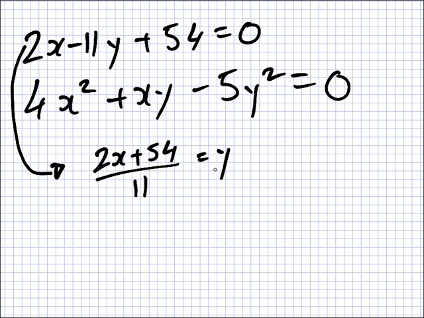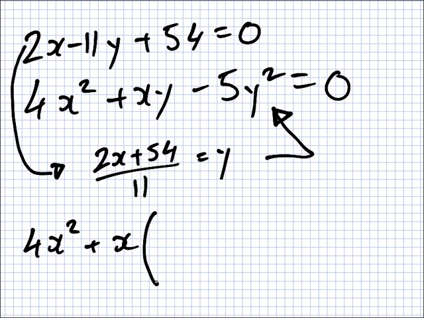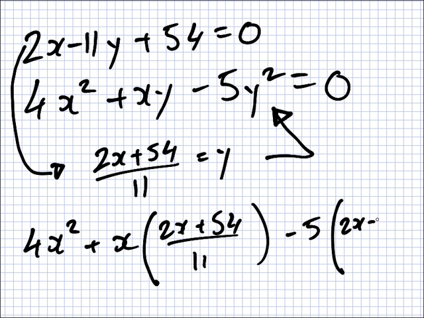Is that okay? And then you can sub that in. So now you get 4x squared plus x times (2x plus 54 over 11), minus 5 times (2x plus 54 over 11) squared, equals 0.